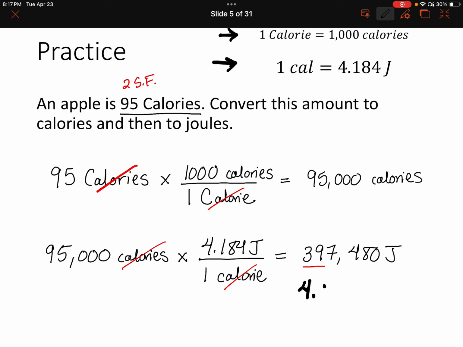So let's say we have 4.0, because remember our coefficient has to be between 1 and 10 or equal to 1. And then how many times would we need to move the imaginary decimal point? Let's see, so once, twice, 3, 4, 5 times. Okay, so this would be our answer with the correct number of significant figures. So 4 times 10 to the 5th joules.